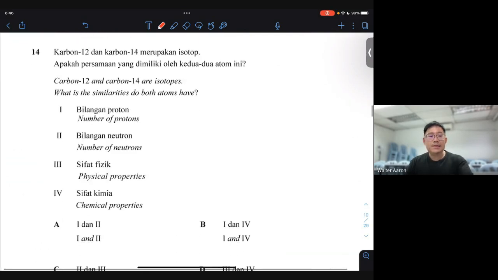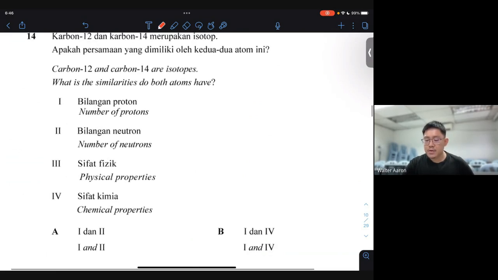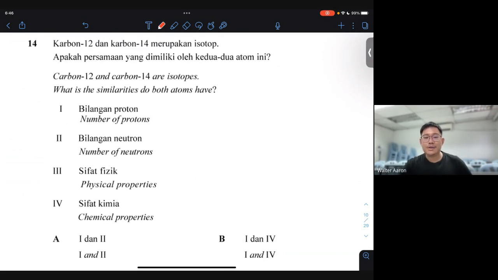Let's look at number 14. So for number 14, carbon 12 and carbon 14 are isotopes. What similarities do both atoms have? So I'll say the similarities between isotopes, because you see carbon 12 and carbon 14, they're technically the same element, all right?